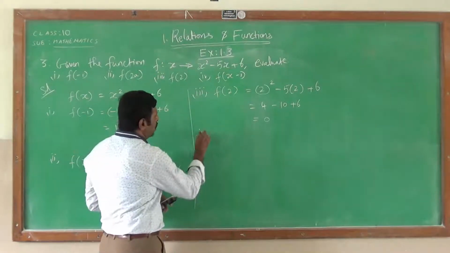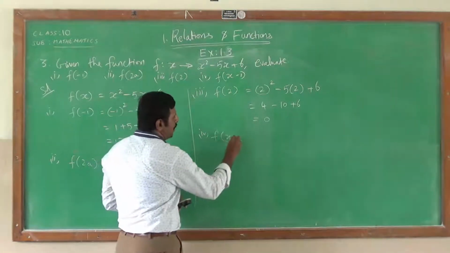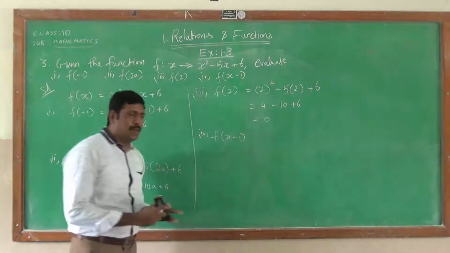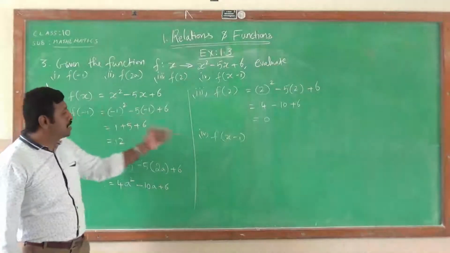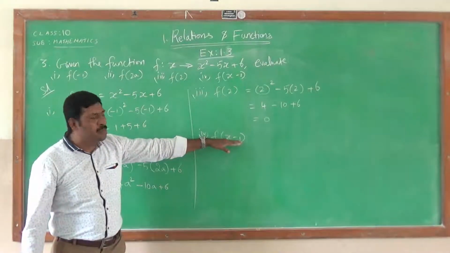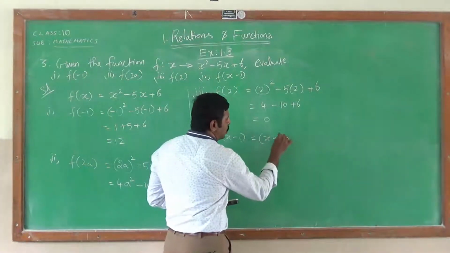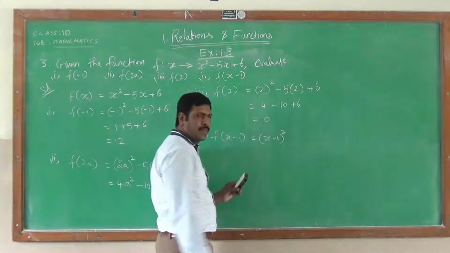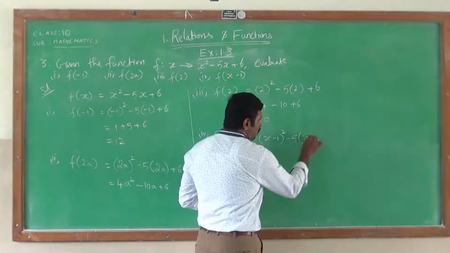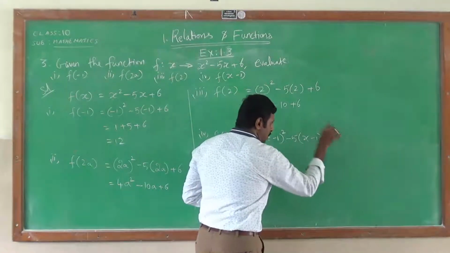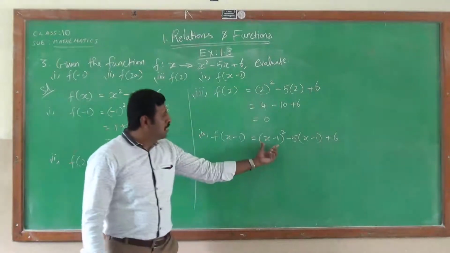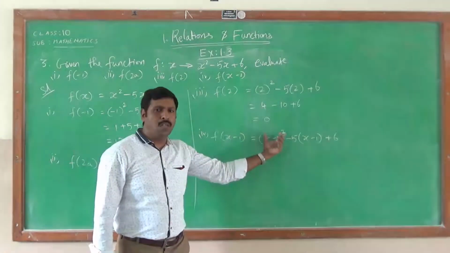Then the fourth Roman number, the function of x minus 1. See, here in the place of x, I am going to apply the value x minus 1. Here we have (x minus 1) whole square minus 5 into (x minus 1) plus 6. It is in the form of (a minus b) whole square, right?